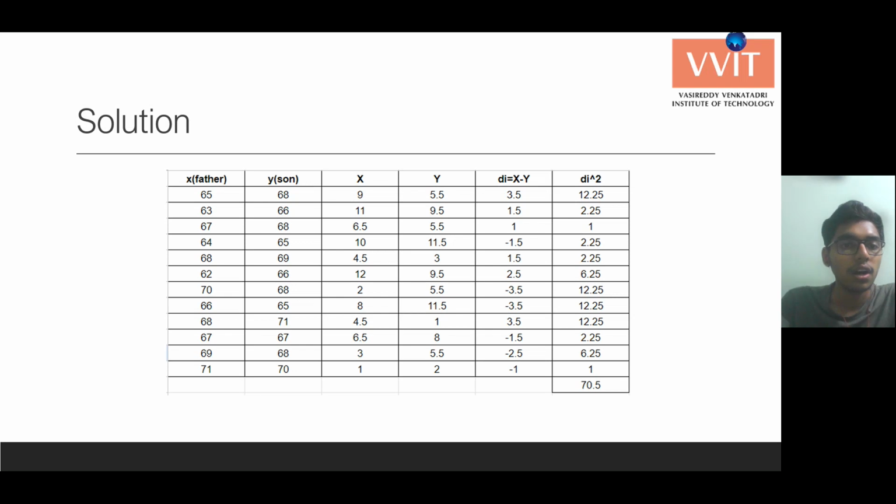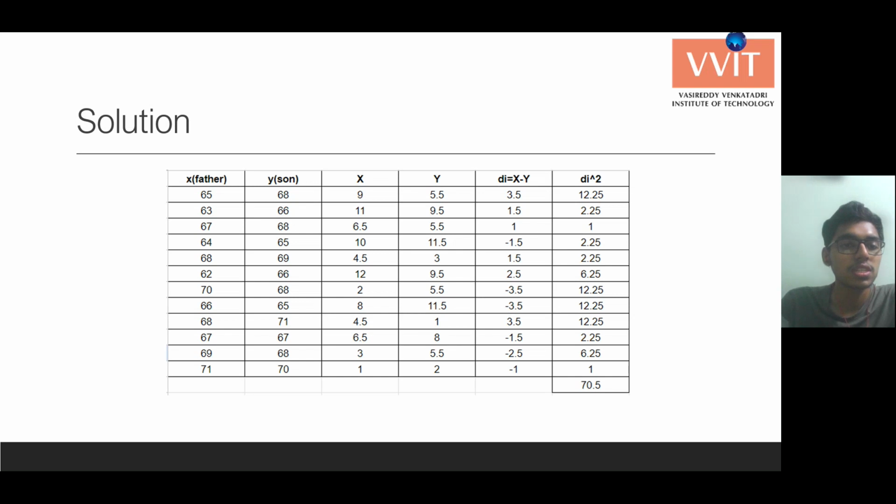Next we see 67, but it is also repeated two times, so we calculate the rank for them. The next ranks are 6 and 7, so the average is 6 plus 7 by 2, which equals 6.5. So for the 67s, 6.5 is given.